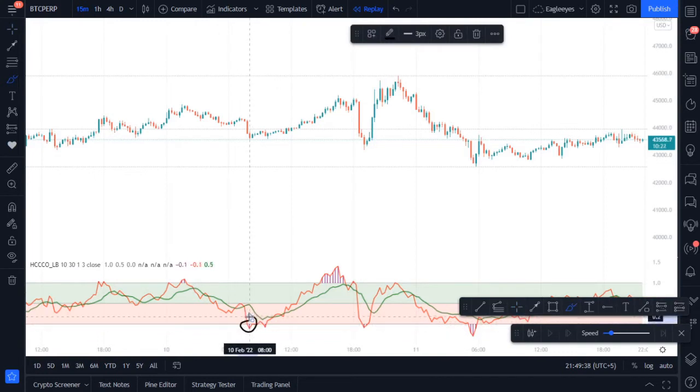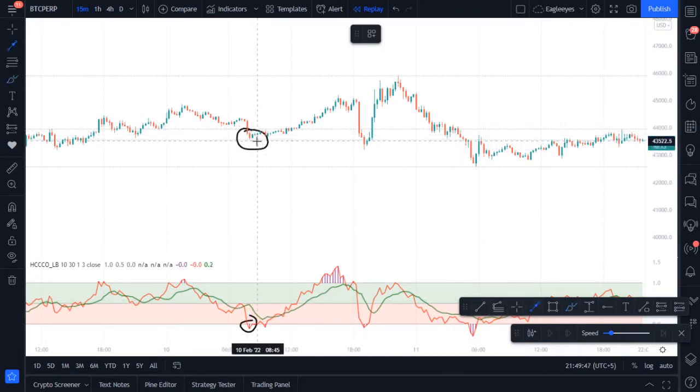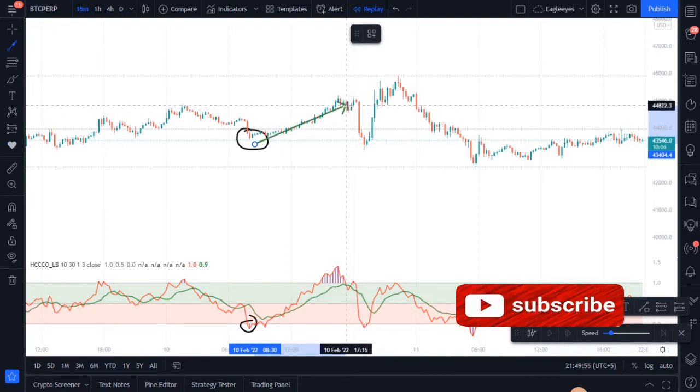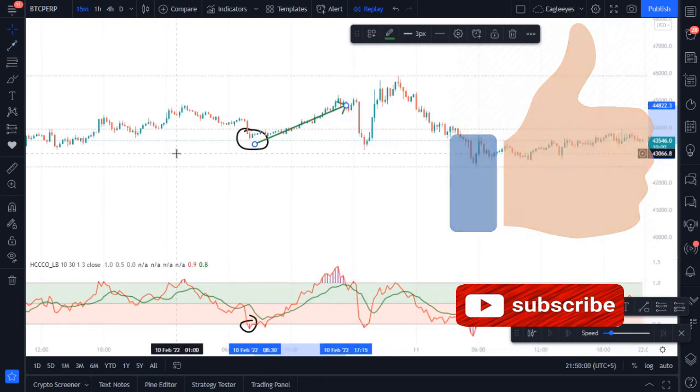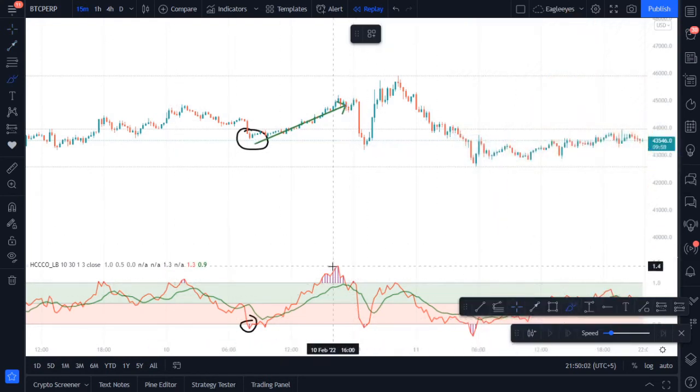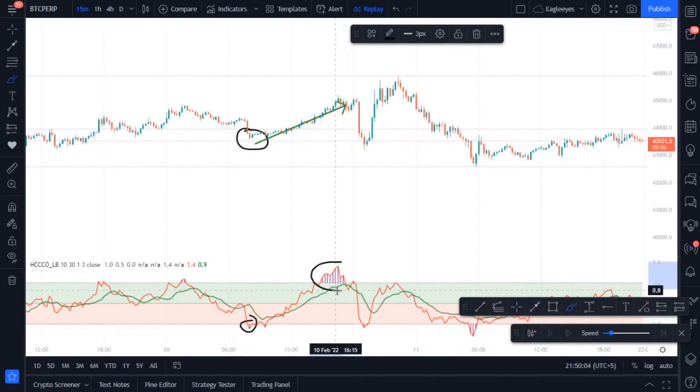We will enter whenever the red line again crosses the green one. Because in a live trade the red one can give you a false signal, because it sometimes goes below and then again comes back. But once it crosses the green one, we are sure of confirmation of our trade.